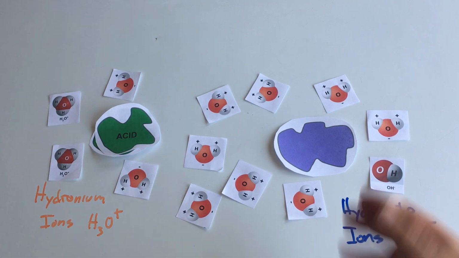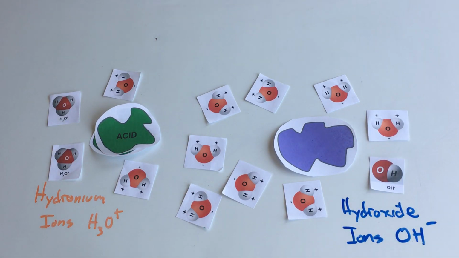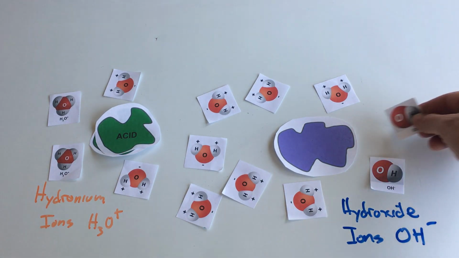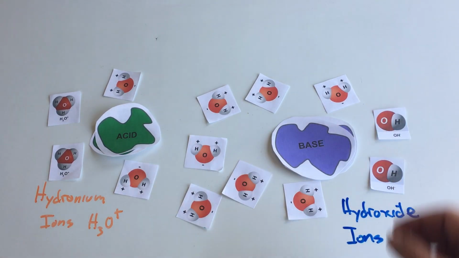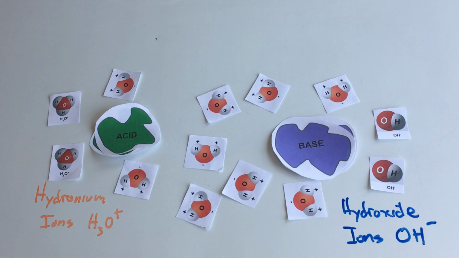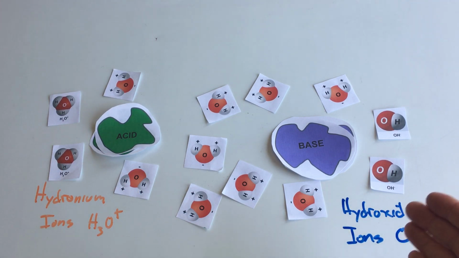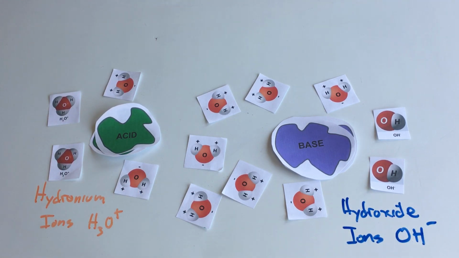So if we pour this stuff in water, H2O becomes OH negative, and if that's the case, then we get the base. So now we had a very technical way of deciding if something was an acid or a base. What happened to H2O? Did it become a hydronium ion, or did it become a hydroxide ion?